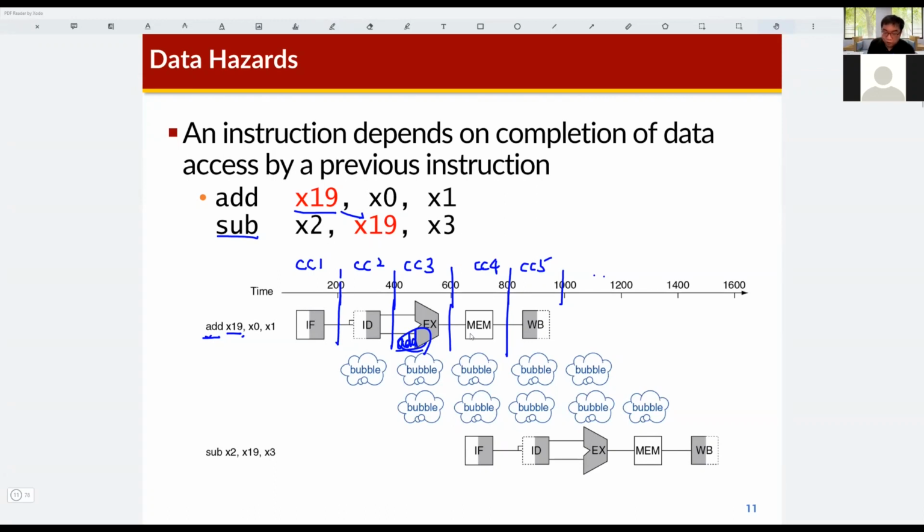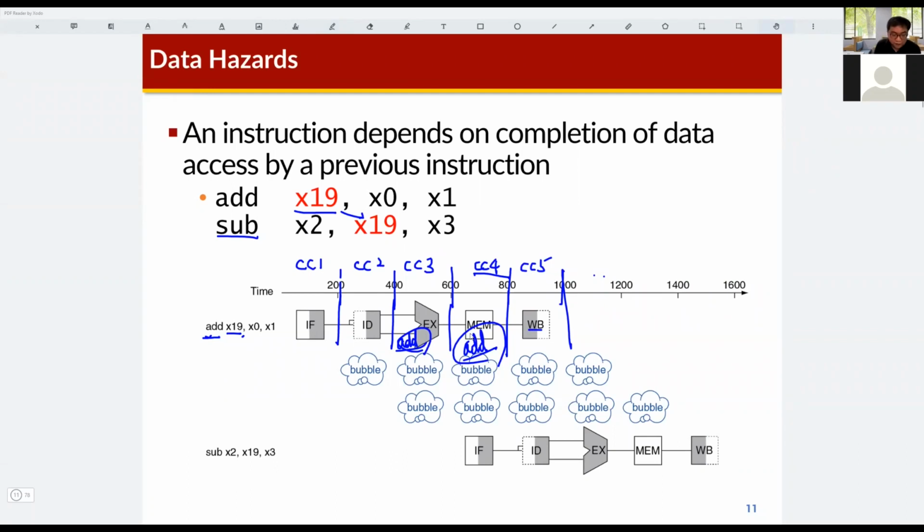During clock cycle 4, the add instruction is in the memory stage, even though the data memory is not accessed by it. And then finally, at clock cycle 5, the result of the add instruction is written back to the register file.